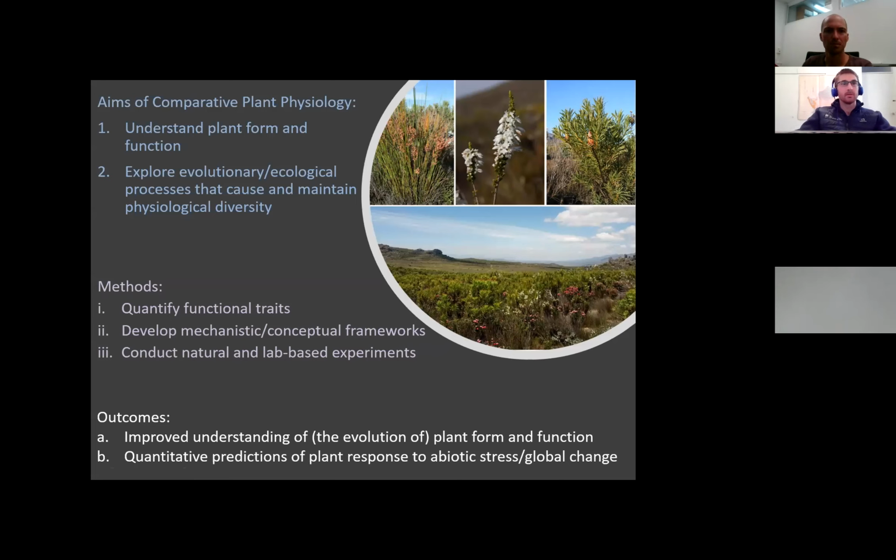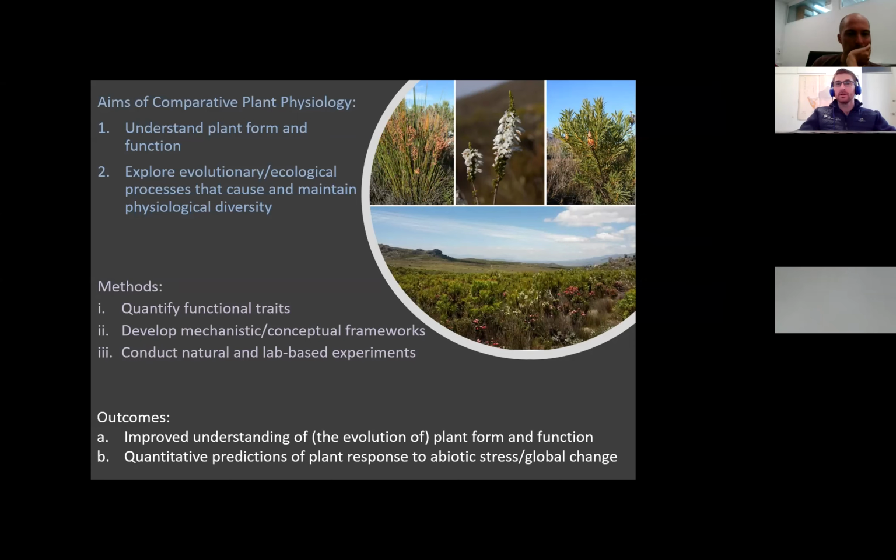We're both plant physiologists. Uri has investigated grapevine and a few other species. I come from some fairly diverse systems, so I enjoy thinking about diversity of plant physiology. So I describe myself as a comparative plant physiologist. And so what I seek to do is to generally understand plant form and function, and to explore some of the evolutionary and ecological patterns that drive this diversity of form and function.